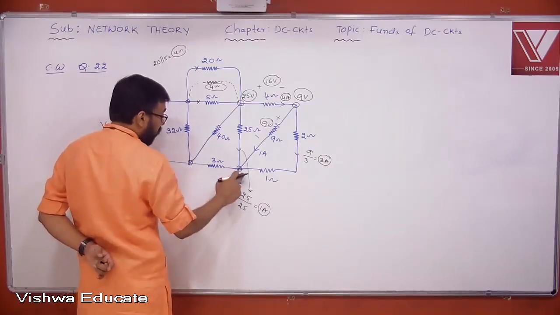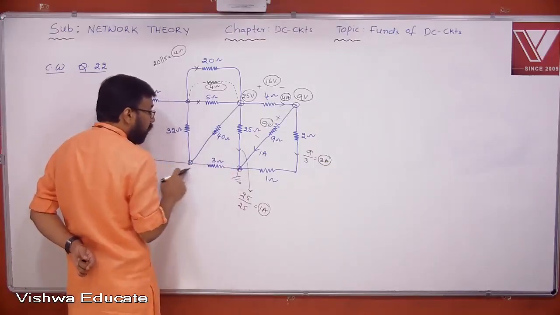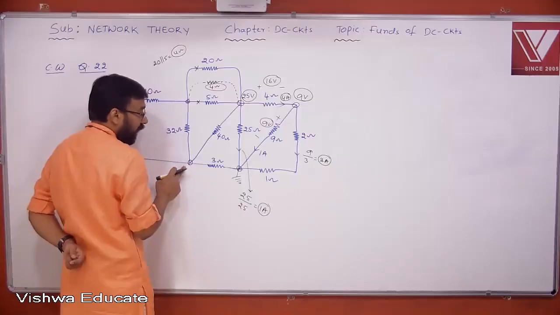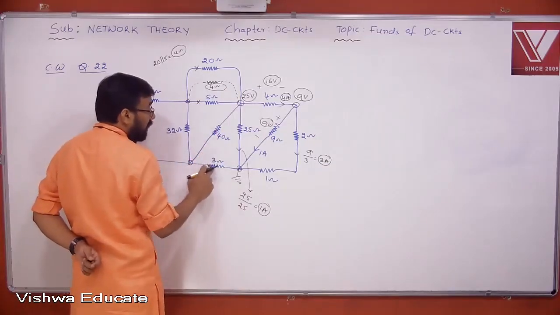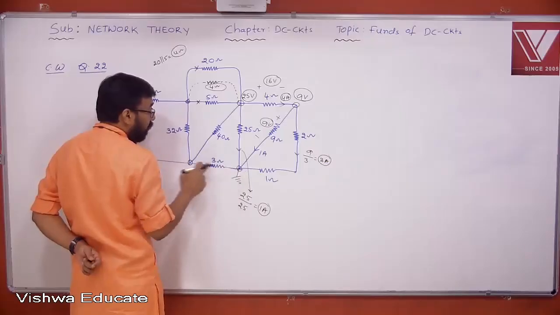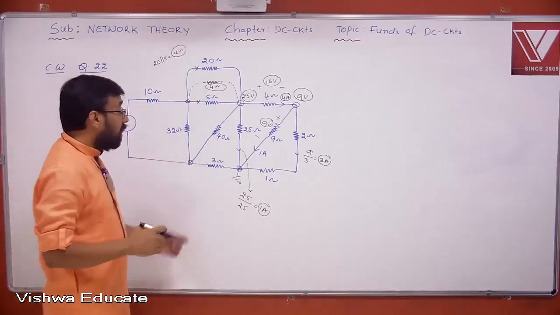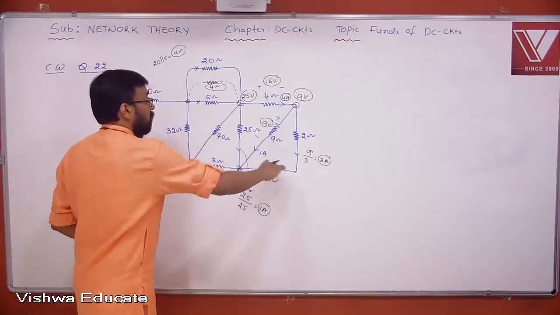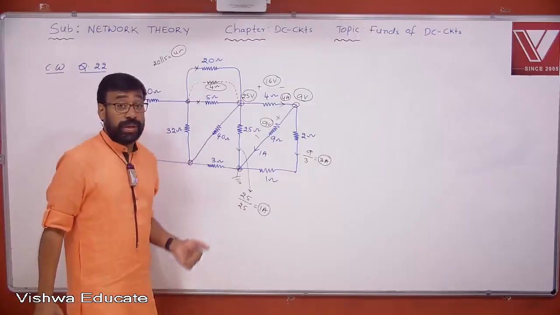Because there is a resistor, there is some potential difference. You need to find the voltage at this node. You cannot take 25 minus 0 by 40 because there is an element. You can't say this is 0, therefore this is 0. It's not possible. In the previous examples, we never had a resistor in this path. We always had a short, a zero resistance path. But now you have a different scenario here.